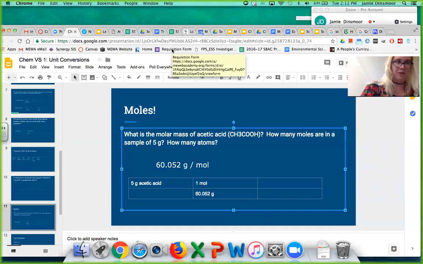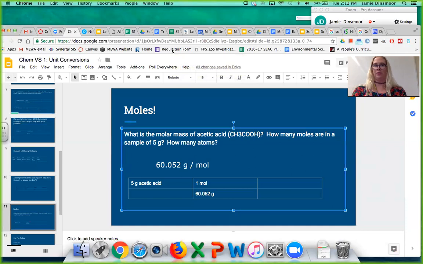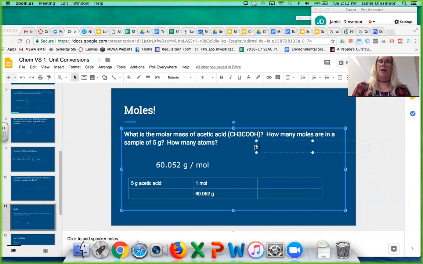Okay, Logan says 0.083. Sounds good to me, right? It should have been 5 divided by 60.052. Seems about right. So if we had 5 grams of acetic acid, which by the way is vinegar, we would have 0.083 moles.